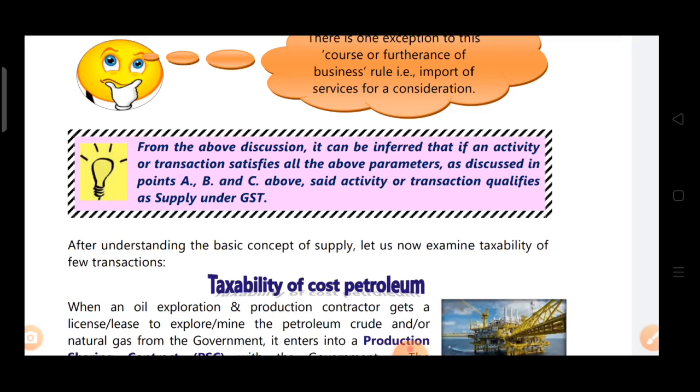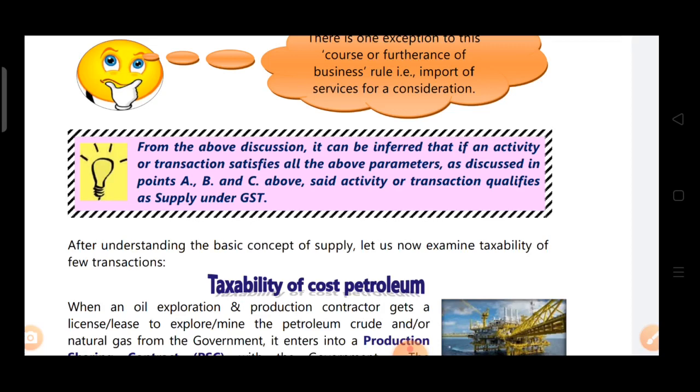If an activity or transaction satisfies all these three parameters, then it qualifies as supply under GST. And if it is specifically covered in the definition of business, then also it is supply, even if the conditions are not satisfied.